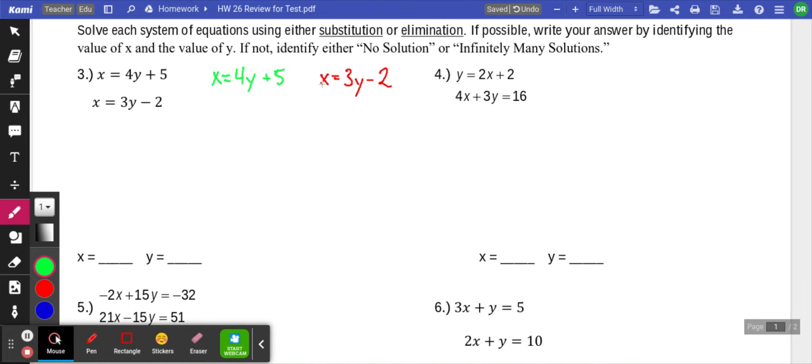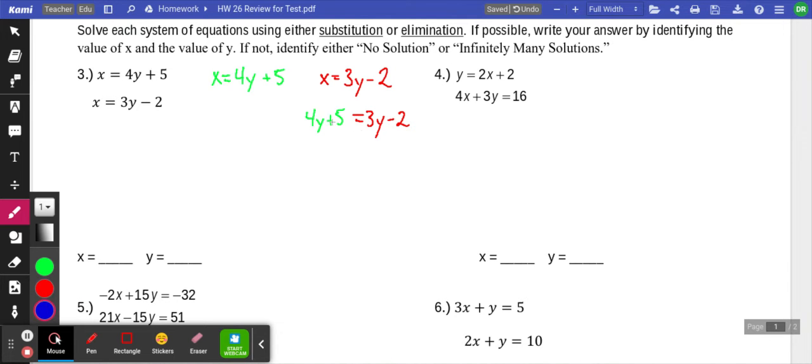You notice we have the letter x again. The green equation tells me that x can be replaced with 4y plus 5, meaning I can come over here and replace this red x with that expression 4y plus 5, and the rest of the equation will stay the same. Pretty simple way to do this. So hopefully you see I'm just taking this green expression that we know x is equal to and using it for our x over here.